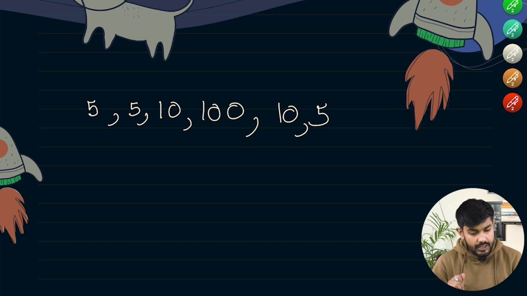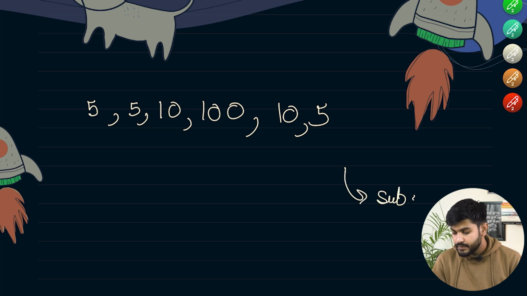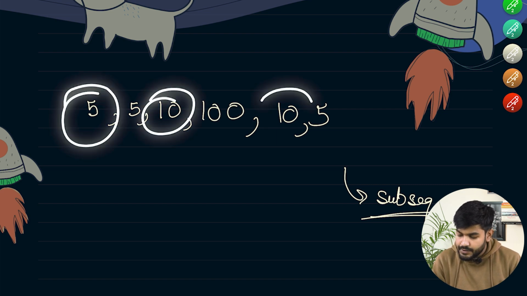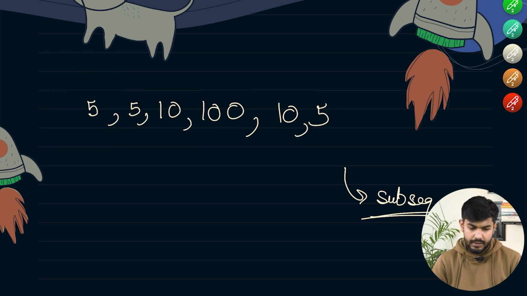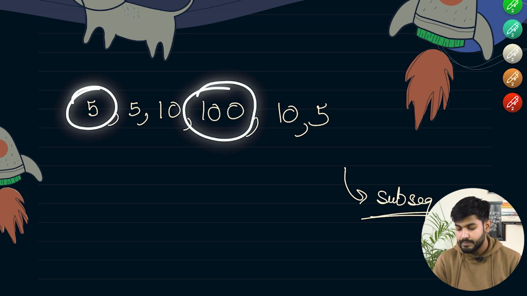Now you need to select the subsequence. What do you mean by subsequence? Subsequence is nothing but selecting elements from between, but they should be in the same ordering as they appear. And that subsequence should be the maximum out of this.